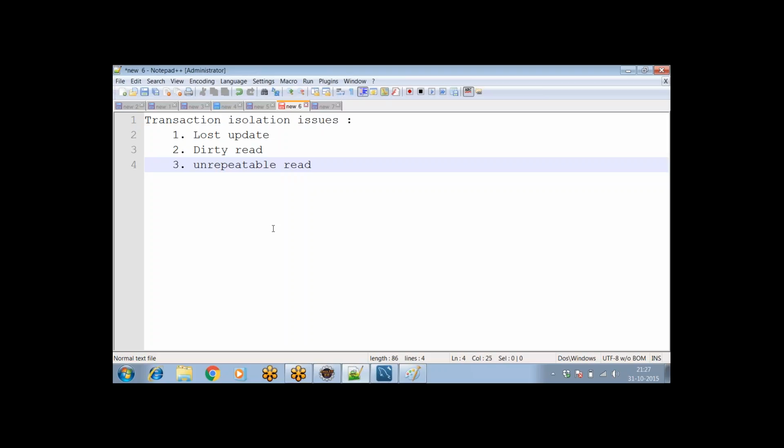You see, in case of unrepeatable read, you will find that a transaction, when it reads a row twice, each time it gets different data.